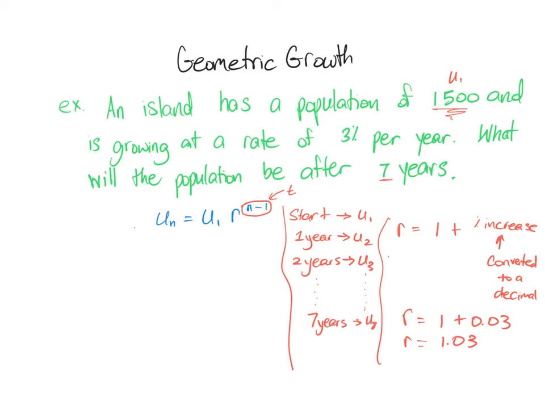So it's going to be an altered version of the formula where we have Un, or the final amount, equal to U1 r to the t. So here we have U1, which we already said was 1500, r, which we already said was 1.03, raised to the 7th power.